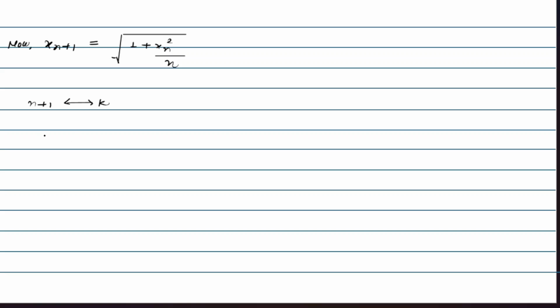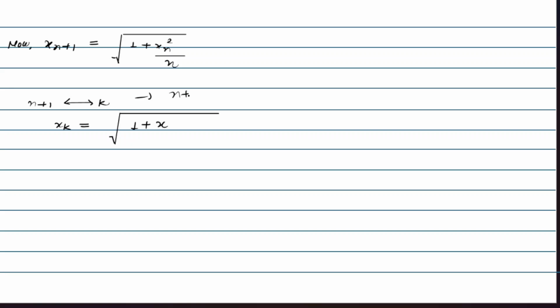Then I get xk is equal to the square root of 1 plus xn square upon n.